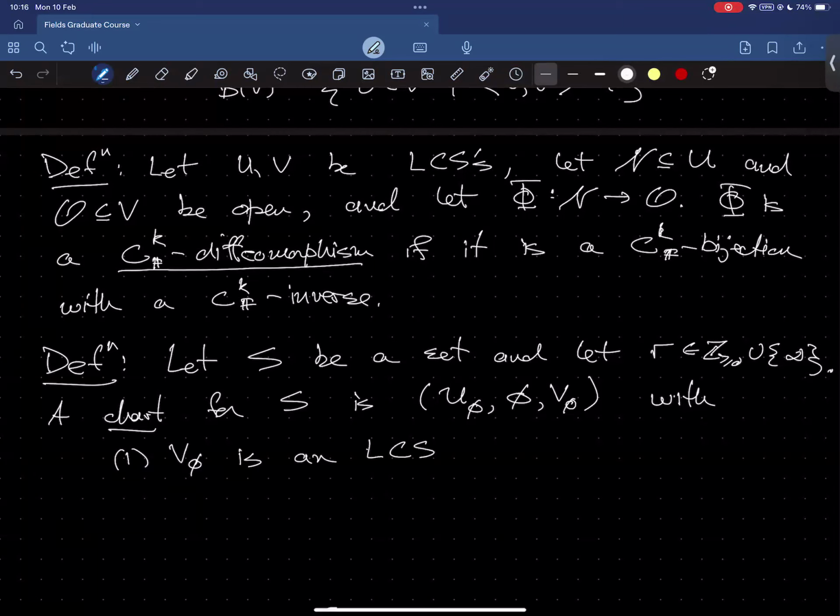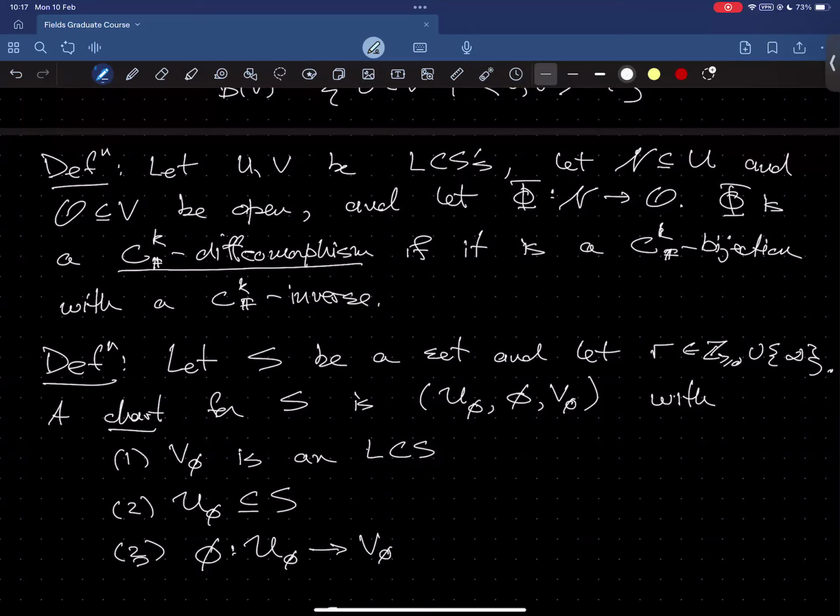So V_phi is a locally convex space. U_phi is just a subset of S. And then three, phi is a mapping from U_phi into V_phi.